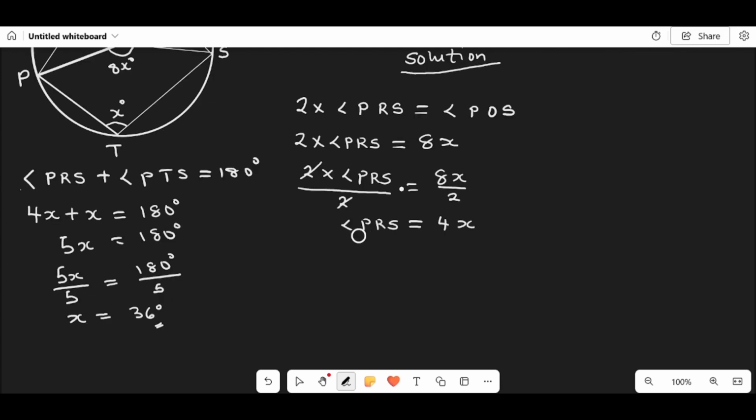We have already calculated our angle PRS to be equal to 4x, and the value of x is equal to 36 degrees. So let us substitute 36 degrees into this equation.